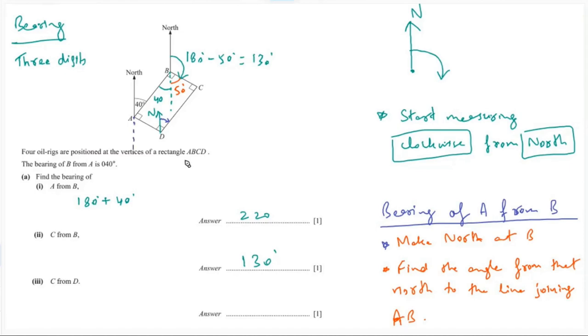So if this is 40, the upper angle was 40, this is 90, then how much is left, how much angle will we have left, this is going to be 50 degrees.